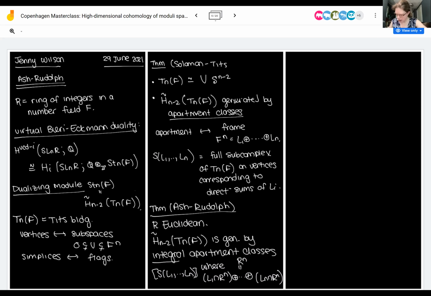So in other words, these are apartment classes where the frame arises from not only a basis for F^n, but in fact a basis for R^n.